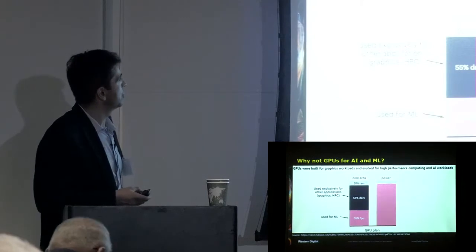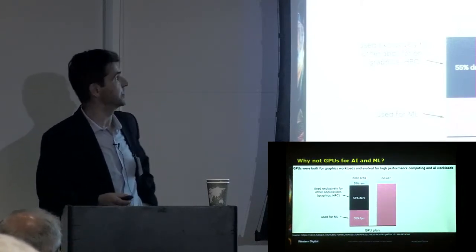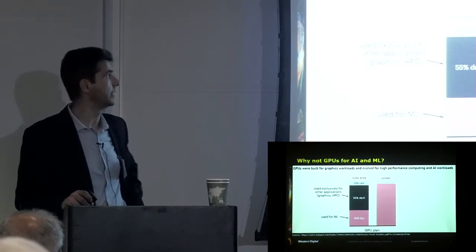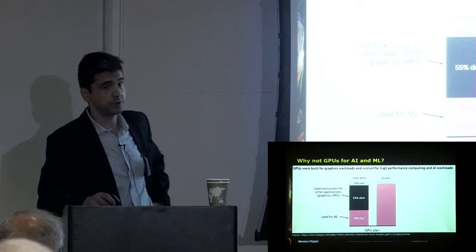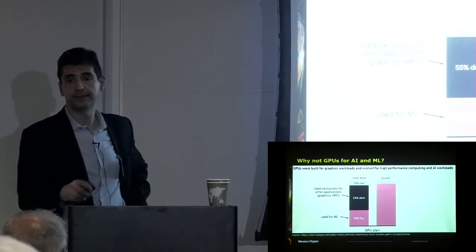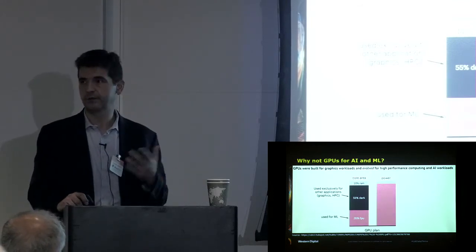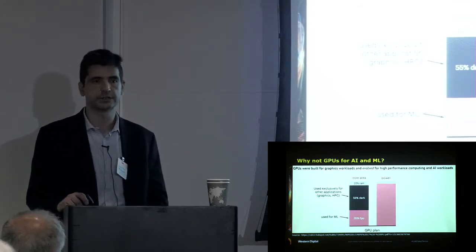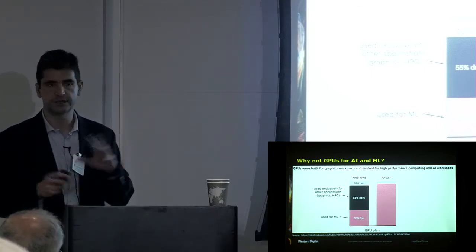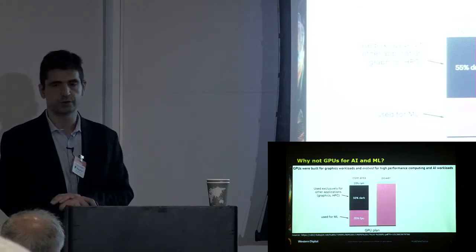Okay, so one question that we get often is, why not use GPUs for AI and ML? Well, they were originally built for graphics workloads, by implementing a large number of cores that operate in parallel. And in about 2004, 2005, starting from CERN and spreading all over the world, physicists started using GPUs for compute problems.